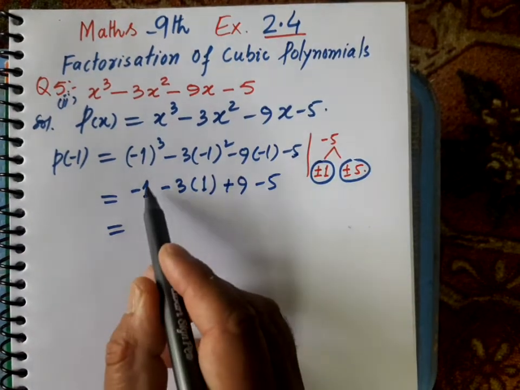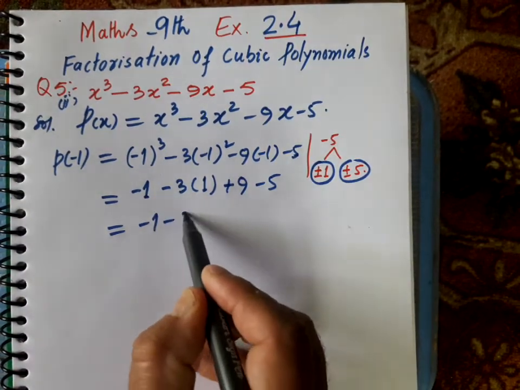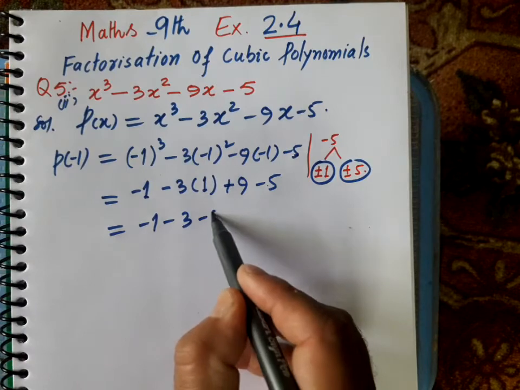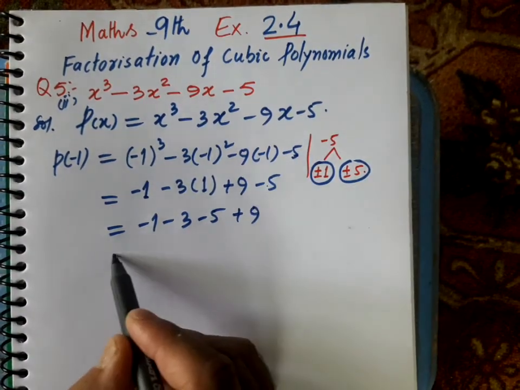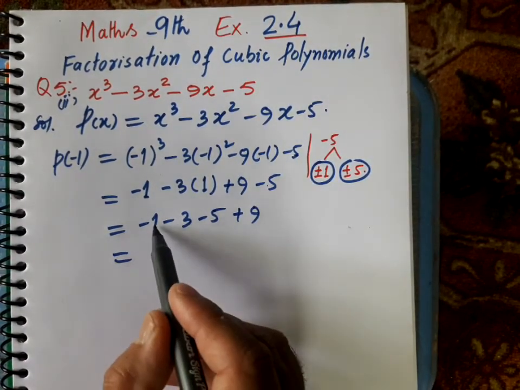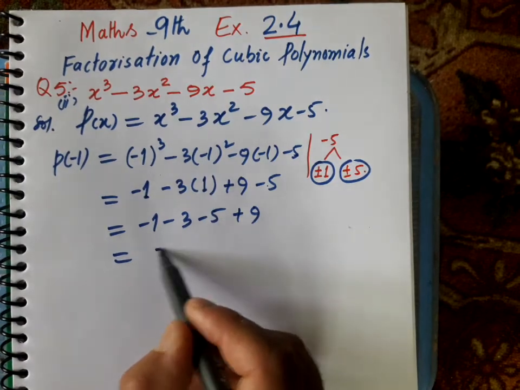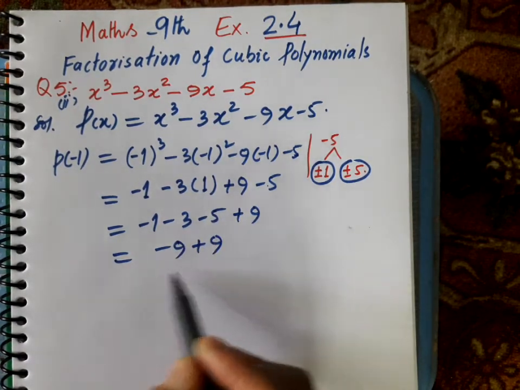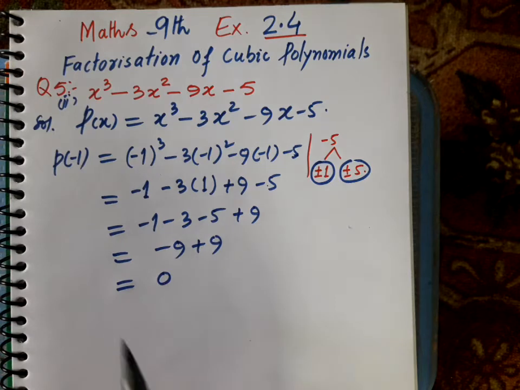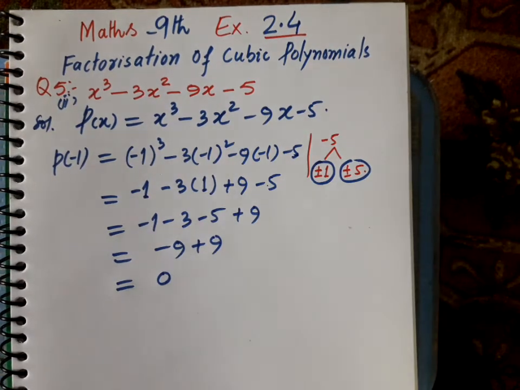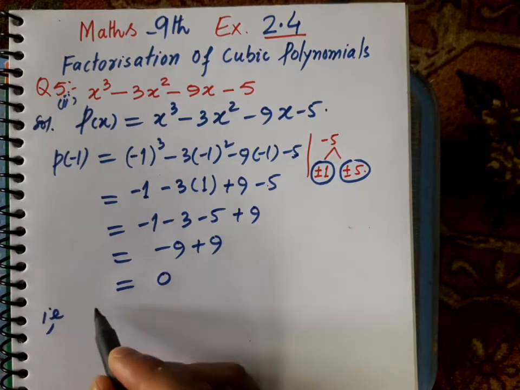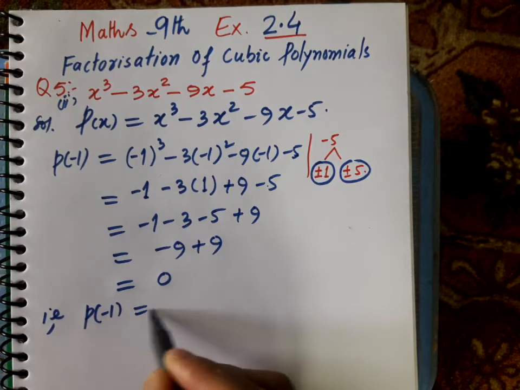We will get -1 -3, and this -5 +9. So we will get -1 -3 -5 means -9 and +9, that will be equal to 0. So what we got is that p of -1 is equal to 0.